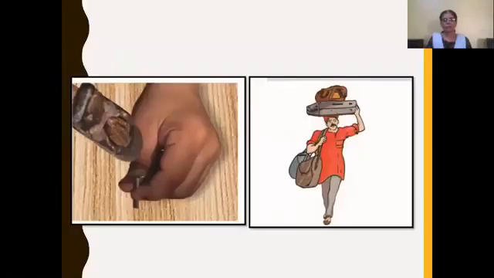Now, if you take one more example, when you hammer a nail on a wooden plank or on a wall, what do we do? We keep the sharp edge of the nail on the wall or on the wooden plank, and we hammer on the flat surface, that is the head of the nail, which is very flat.